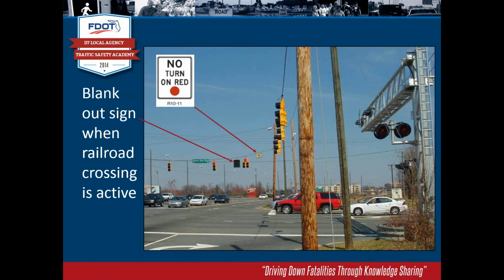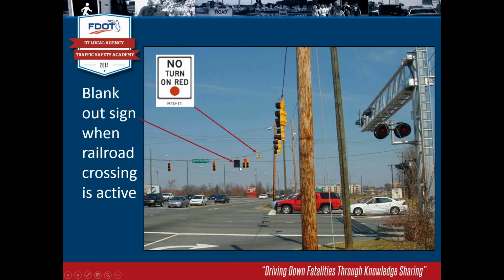This is an interesting situation here. This is a roadway, and they have the regulatory sign up here, or at least it looks like it's a variant of the R10-11 regulatory sign prohibiting right on red. But they also have an adjacent railroad crossing, and there's a blank out sign that says no right turn at all.